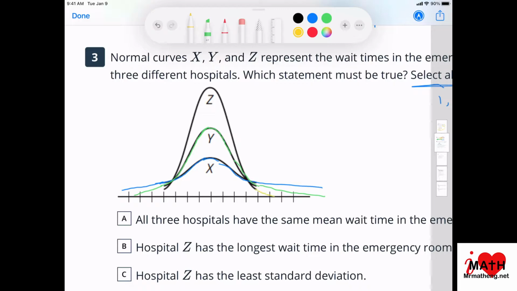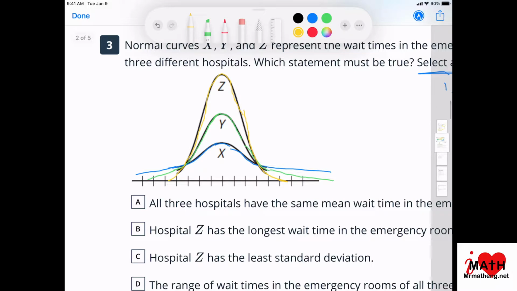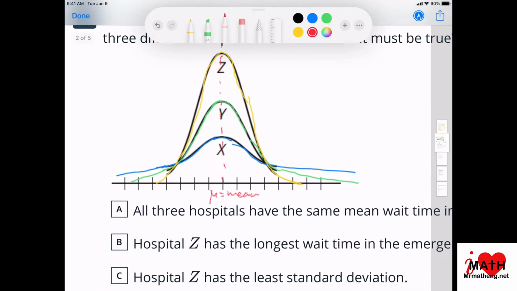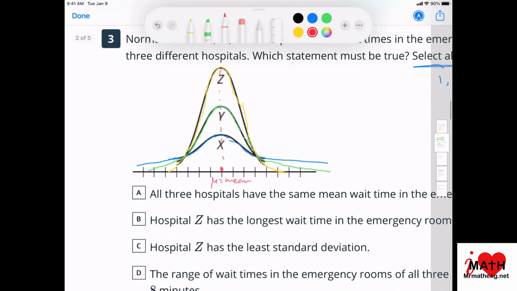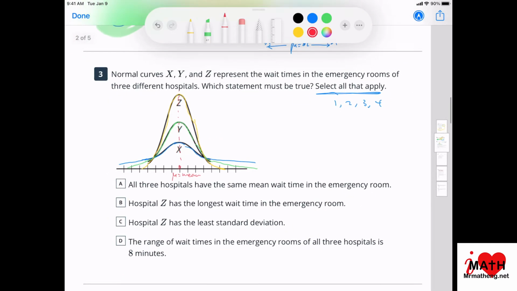And we'll call Z the yellow. Okay, so I want you to notice that they all have the same measure of center, which is the mean. This is the mean, the red dotted line, because it's all right here in that dotted line. But what's different is each of their spreads are different.